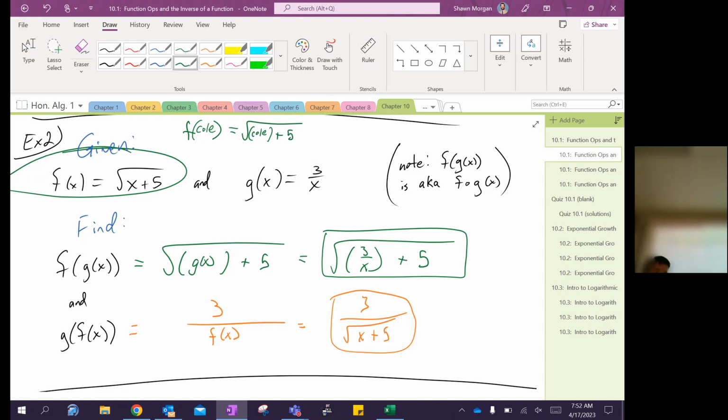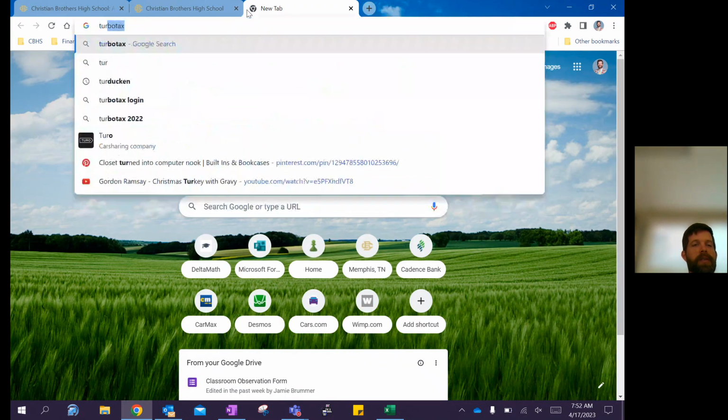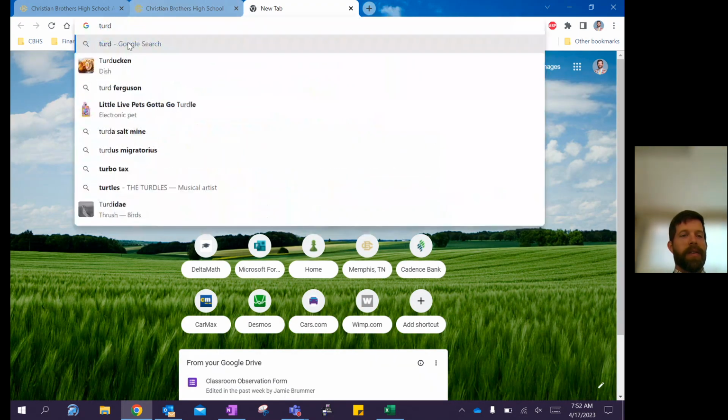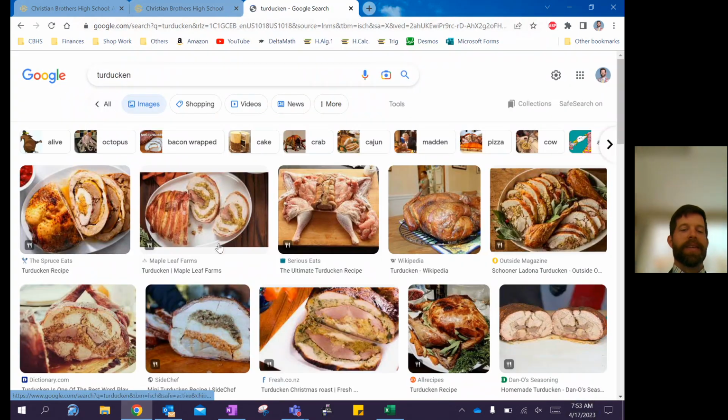Okay. Now, I'm going to leave you with another culinary analogy. But I got to look it up and show you a picture though, because you're not going to believe it. You just won't believe it. There's a thing called a turducken.